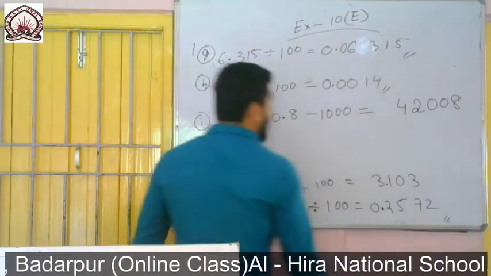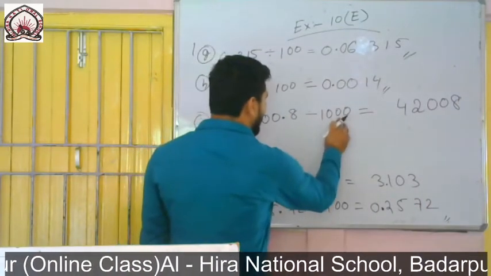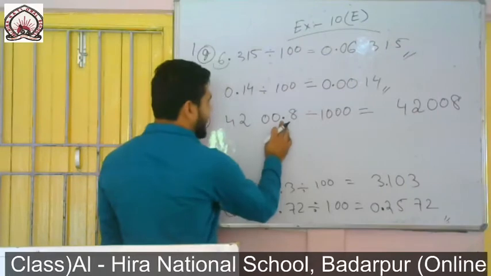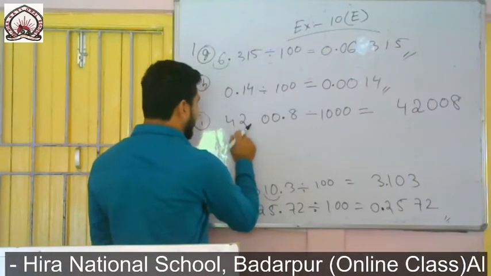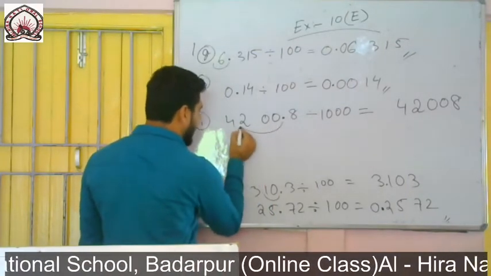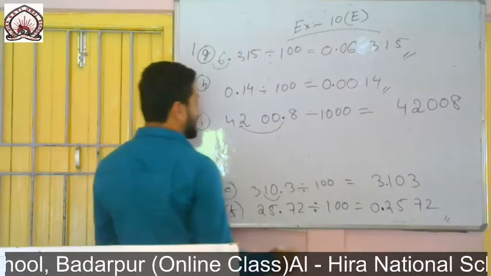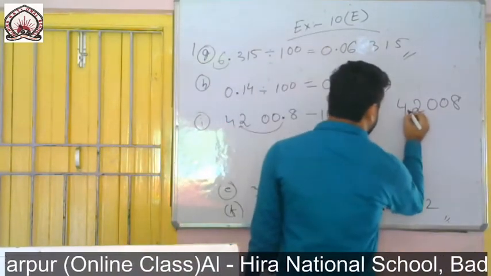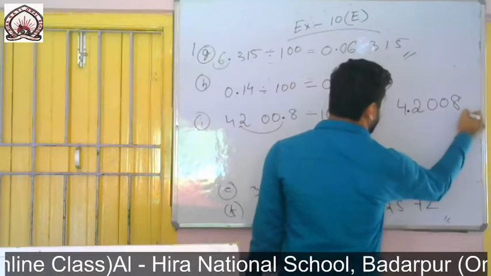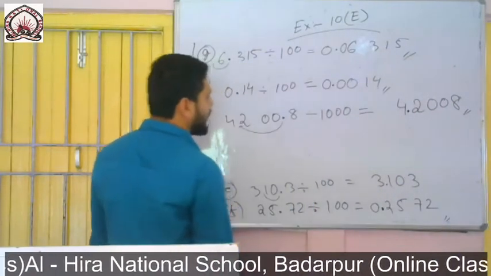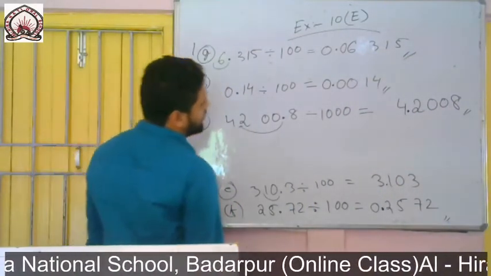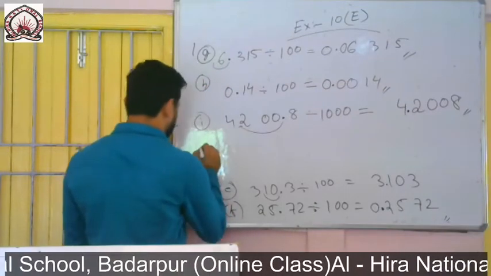After that you see 1, 2, 3 zeros, so the point will come here, put the point here. So the answer will be 4.2008. Now come to J.